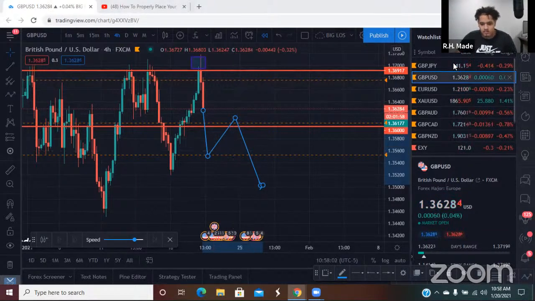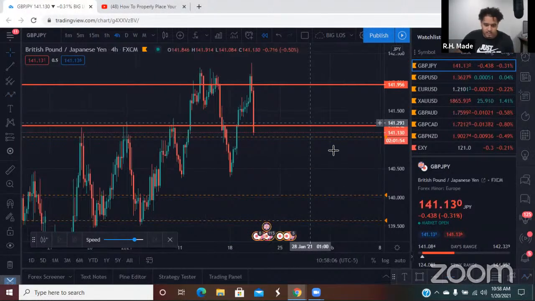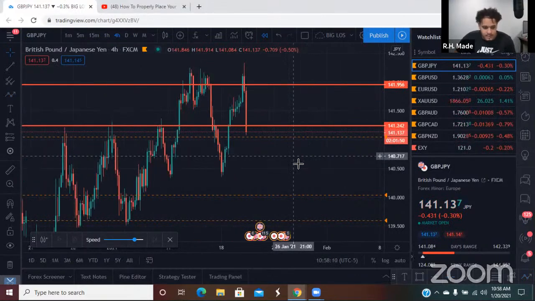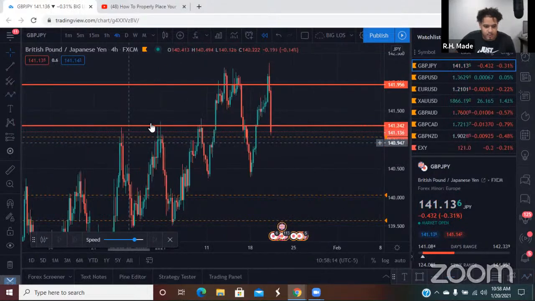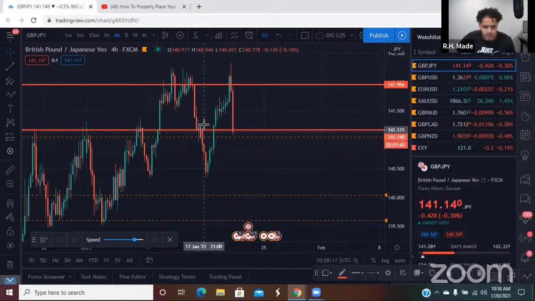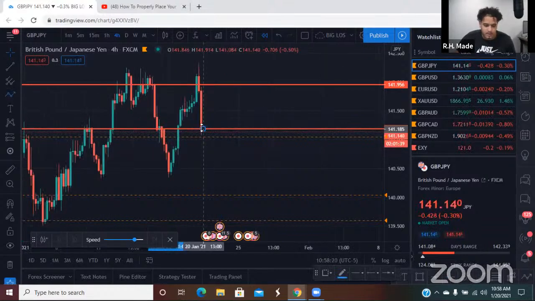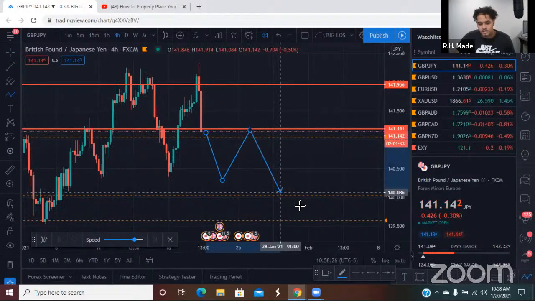And then for GJ, let me see what he got. GJ is pretty much the same thing. It's at a support right now. For GJ, I'd wait for the break. Well, it's already broken, but I'll wait for the retest and then you can get in.